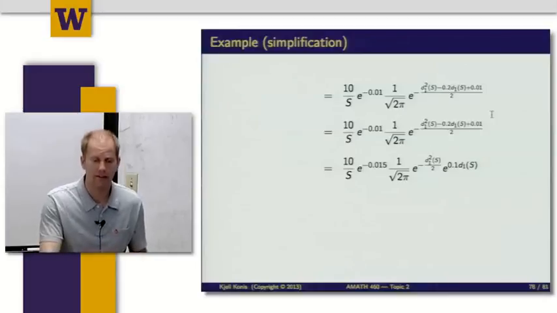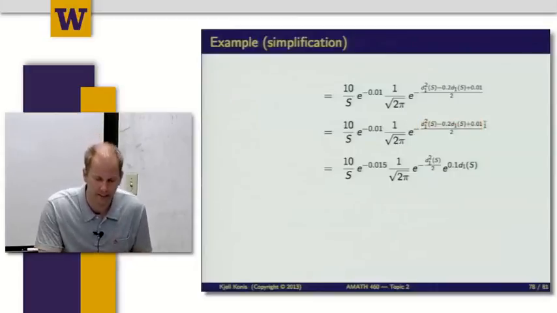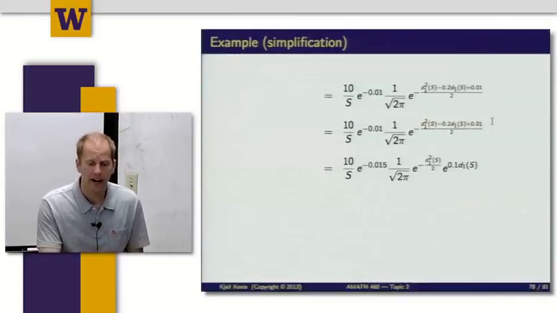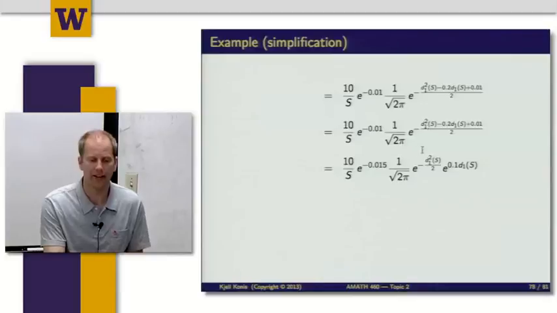Okay, yeah, so essentially what was supposed to happen in this line, and I guess I somehow missed it, here I have 0.01 divided by 2. So that's going to be 0.005.